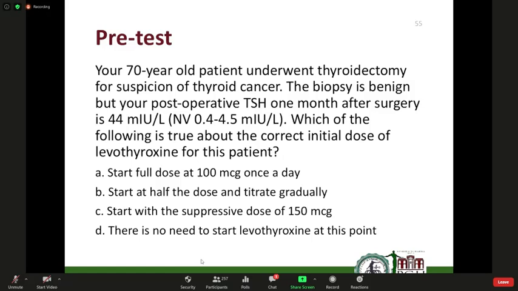Even not a suppression dose, pwede. Especially in a 70-year-old. So kung suppression dose yan, mga 100 microgram lang siguro, although the weight wasn't given. So you don't want to give the full dose right away. So the correct answer is B. So you want to give a replacement rather than a suppression dose, but you don't want to give the full dose right away.